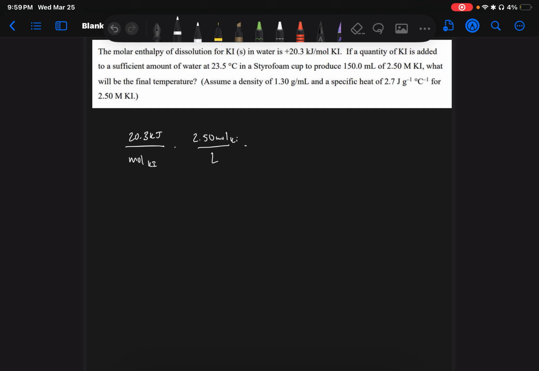That would be 0.150 liters. Then we should be left with joules or kilojoules.